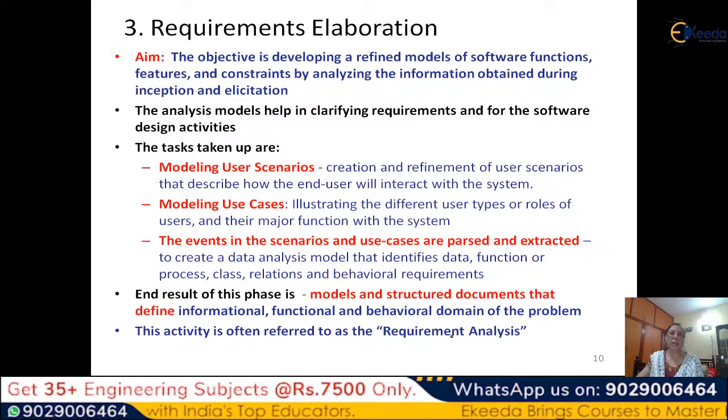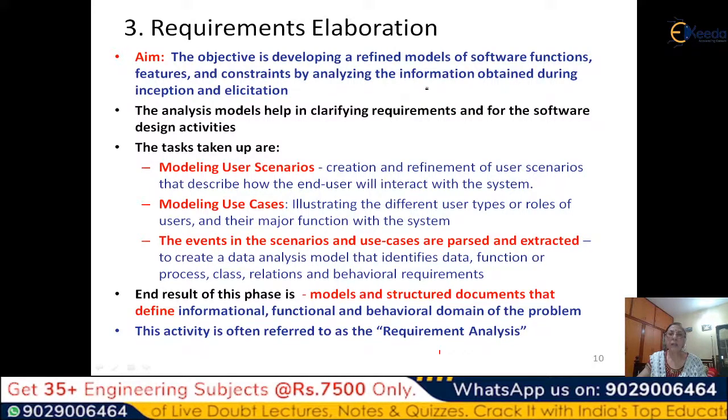So we'll go to the requirements elaboration, which is the third phase. As we have said, it is more of analyzing. So the objective here is developing a refined model. Whatever initial requirements we have gathered, we will analyze, and we will try to create some refined models. So we'll see what those models are.